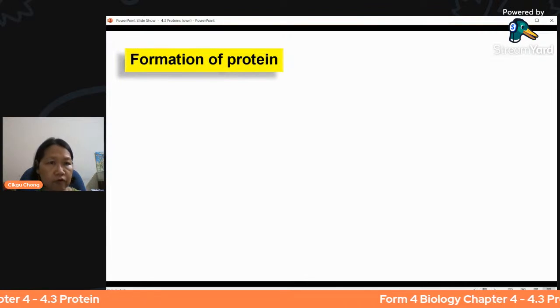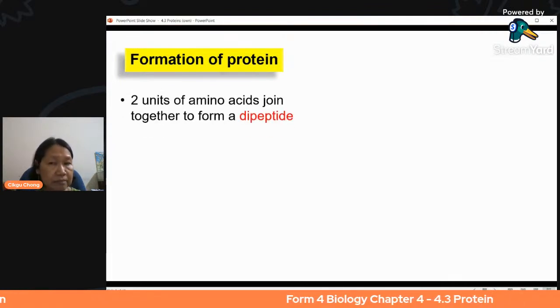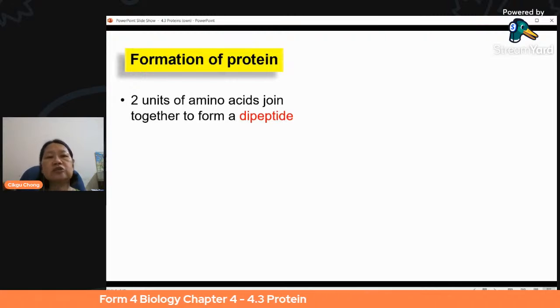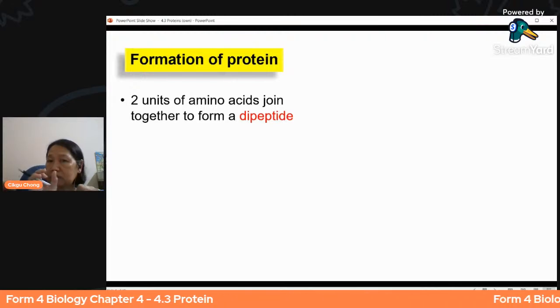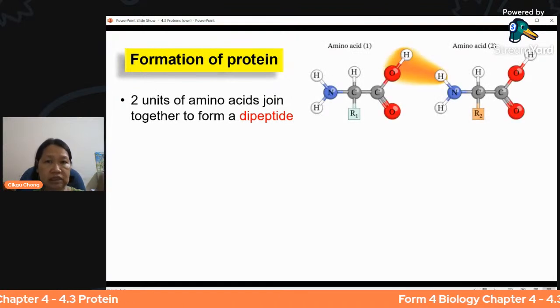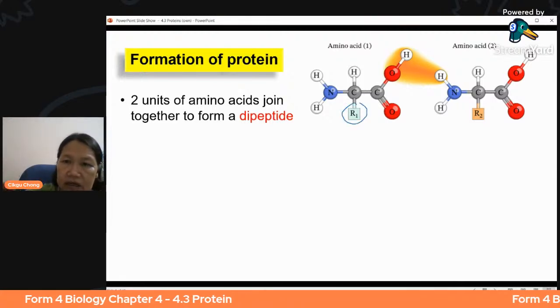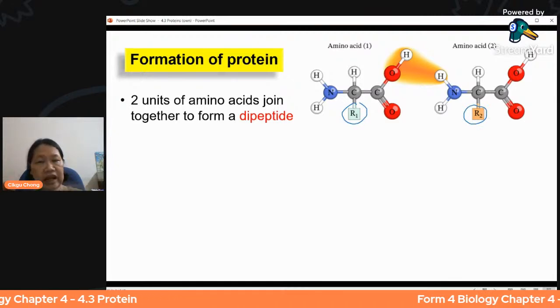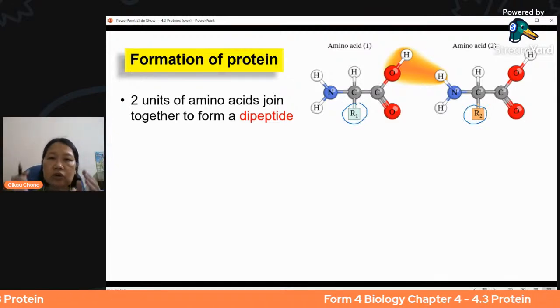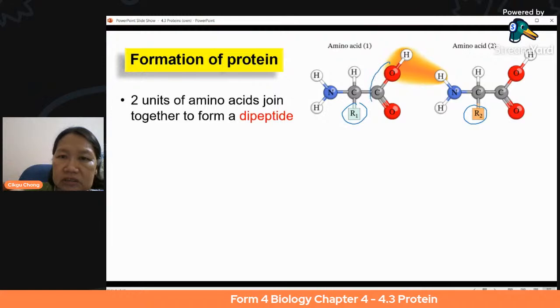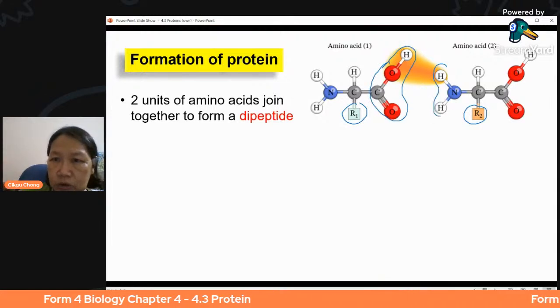So let's look at formation of protein. Again, the same principle you learned in carbohydrates. You need to join together. Now the bond that is produced is called a peptide bond. So you look here, amino acid 1 is on the left, amino acid 2 is on the right. You see they are different in terms of the side chain, right? Don't worry about side chain, let it be. What you need to do is you look at this hydroxyl group, and the other one is the amino group.